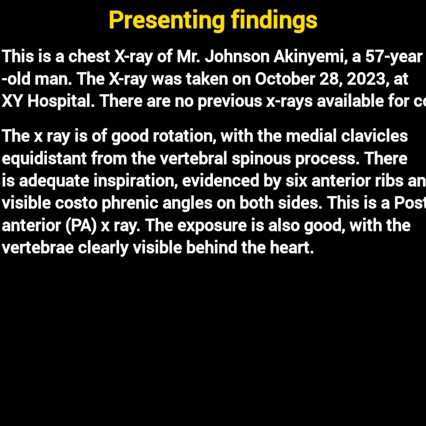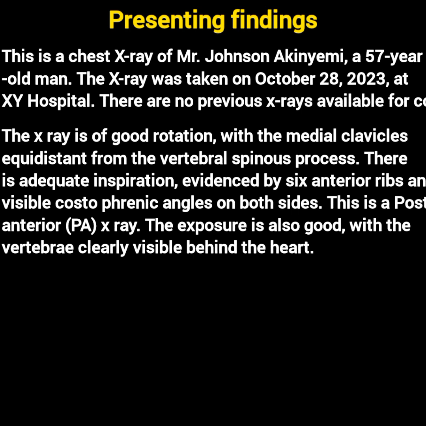The X-ray is of good rotation, with the medial clavicles equidistant from the vertebral spinous process. There is adequate inspiration evidenced by 6 anterior ribs and visible costophrenic angles on both sides. This is a posterior anterior X-ray. The exposure is also good, with the vertebra clearly visible behind the heart.